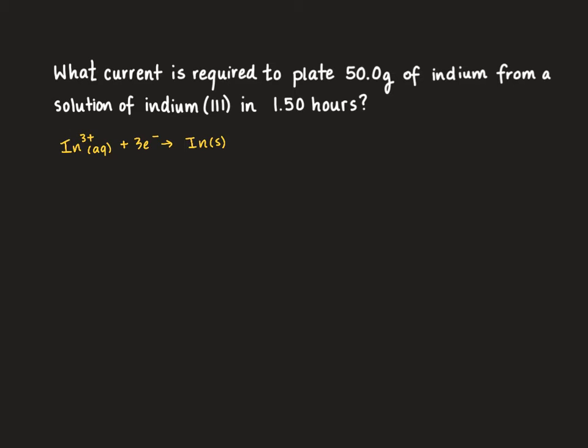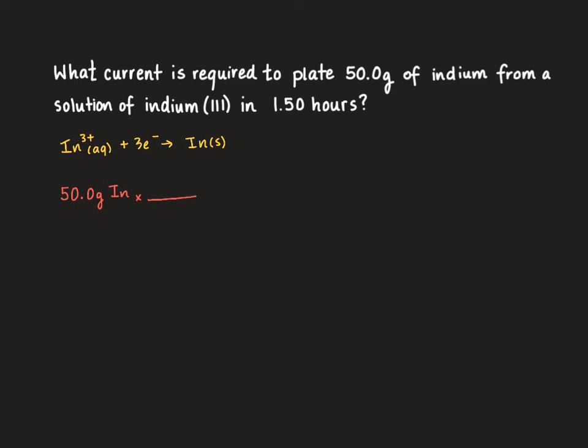So we're going to start with that 50 grams of indium. We always want to work with moles when we're doing any sort of stoichiometry problem. So we're going to take 50 grams of indium, and we're going to divide that by the molar mass of indium.